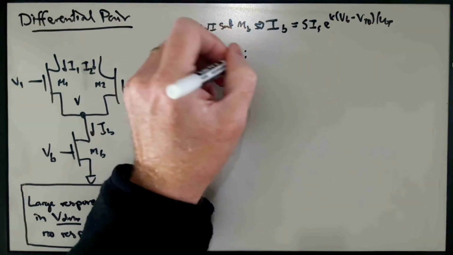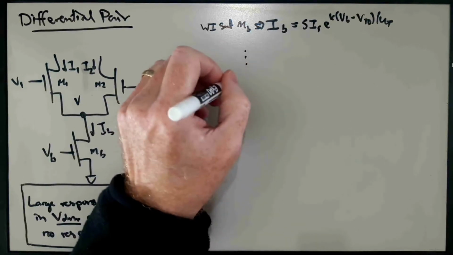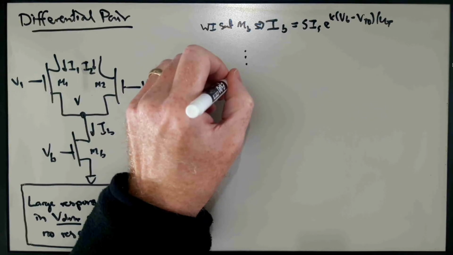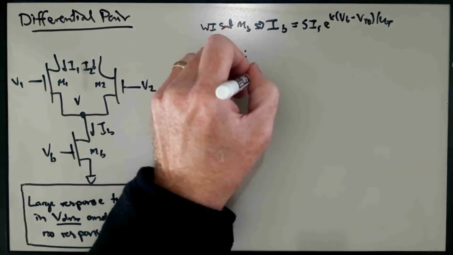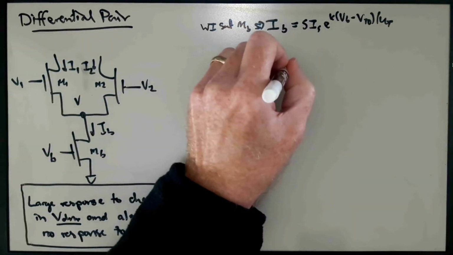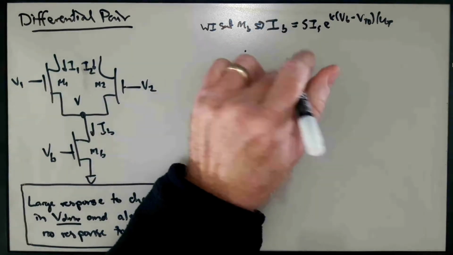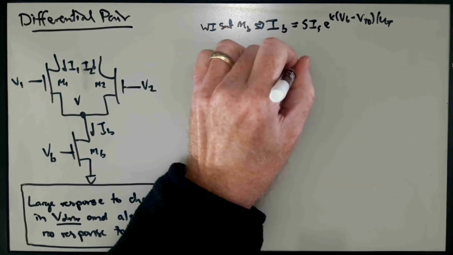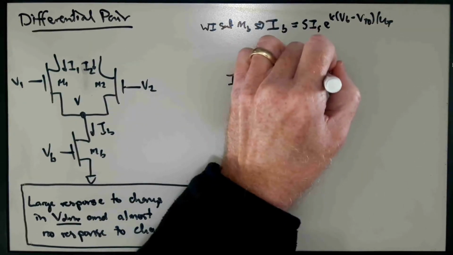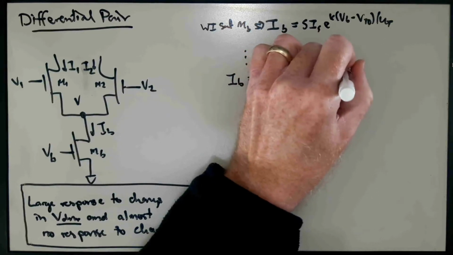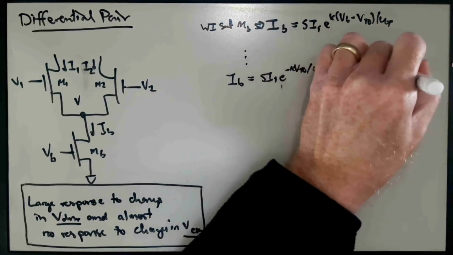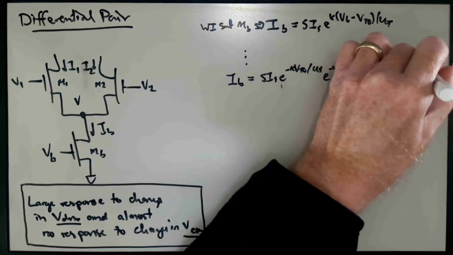And then at one point in the analysis, we had this equation that said something like, see, it was IB equals SIS e to the minus kappa VT0 over UT times e to the minus V over UT times e to the kappa V1 over UT plus e to the kappa V2 over UT.